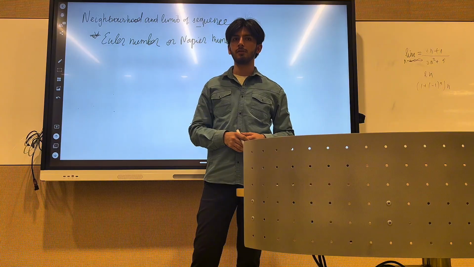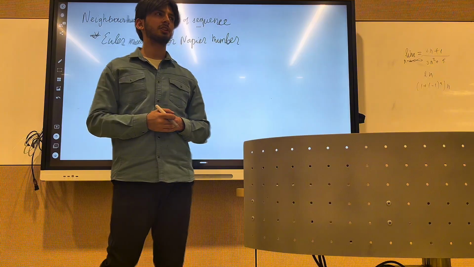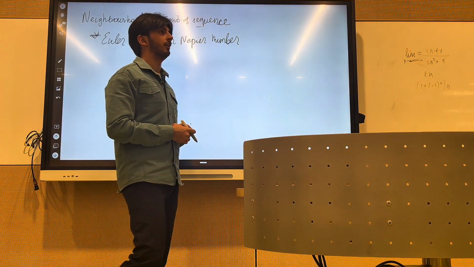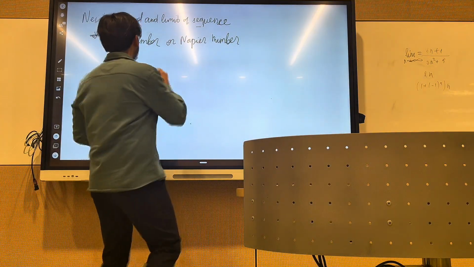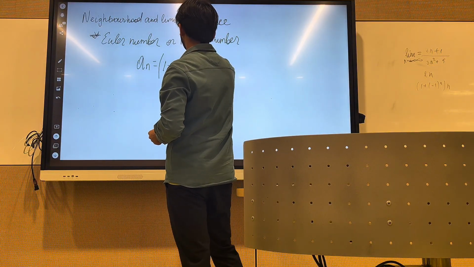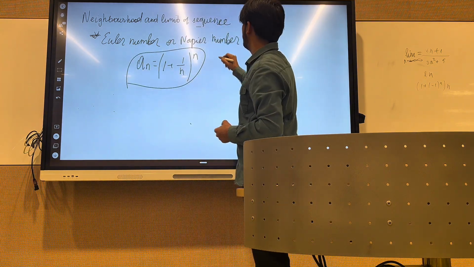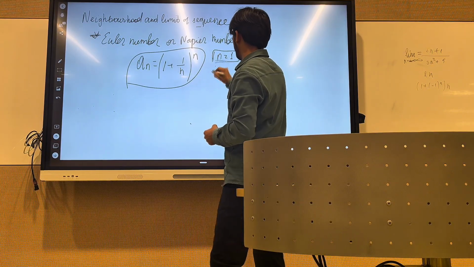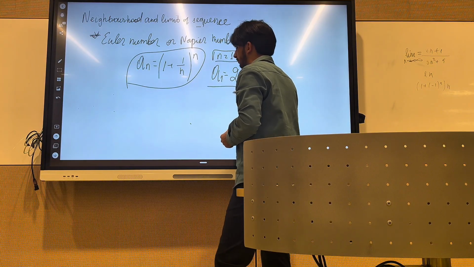Okay, after covering bounded from above and not bounded, I just want to show you a very special number we have there, which is the Euler number or Napier number. Actually, we can get a sequence like 1 plus 1 over n, to the power n. What would it be if our n was 1, right? a1 equals 2.